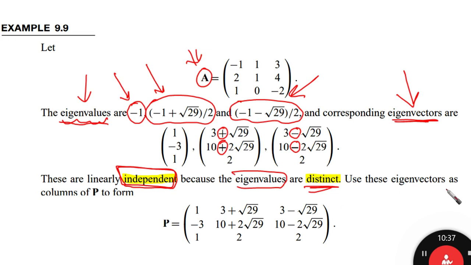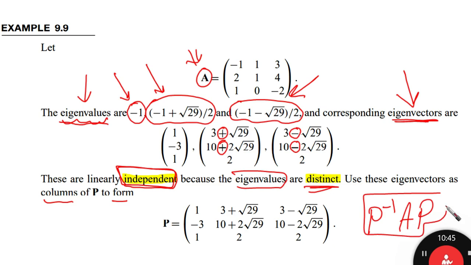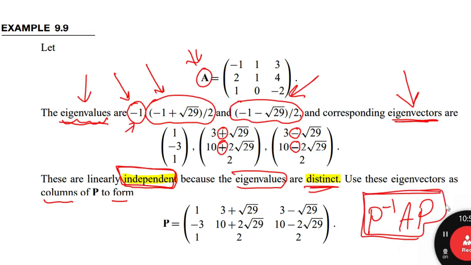Use these eigenvectors as columns of P to form, at the end, P inverse A P, right? To get the eigenvalues down its diagonal. Even though we know the eigenvalues, we are going to check this. We are going to check that what we have said in our theorem is working well.